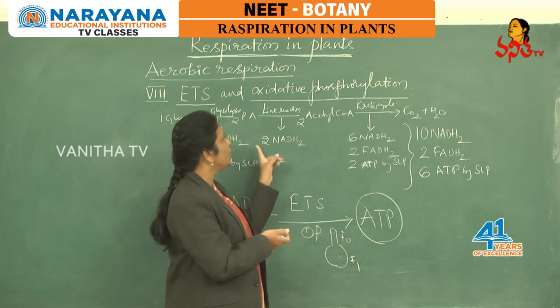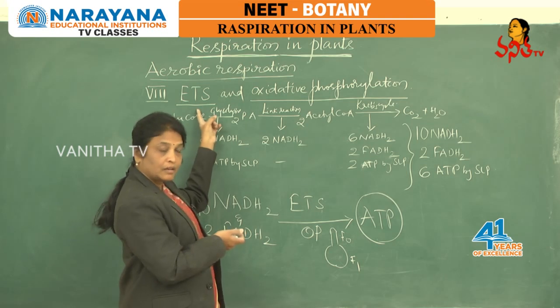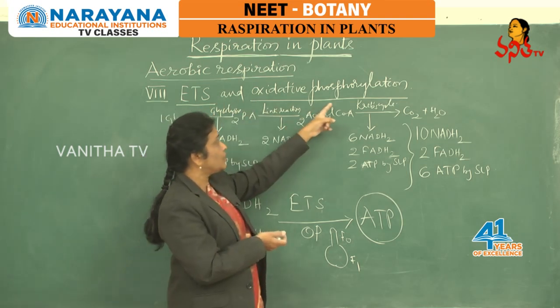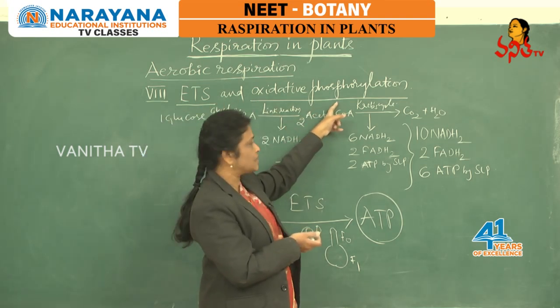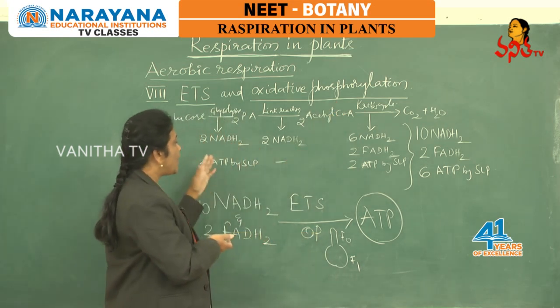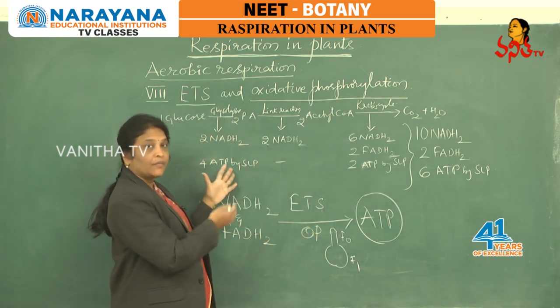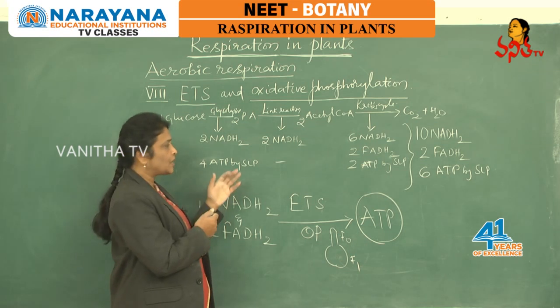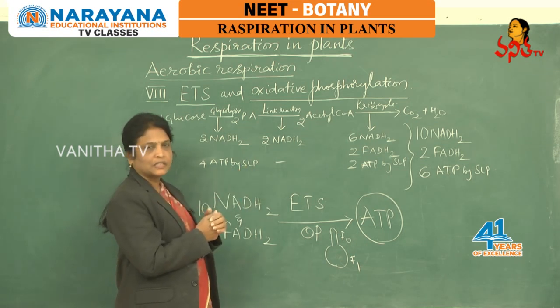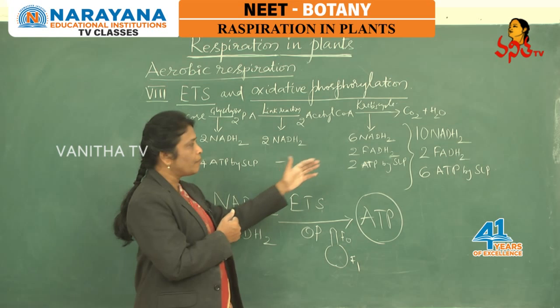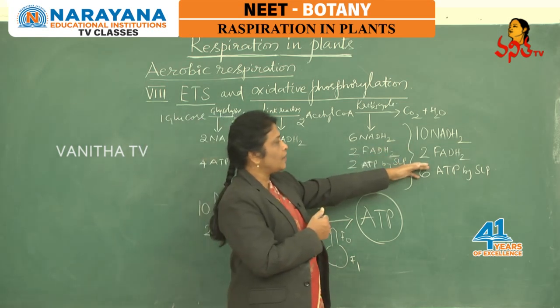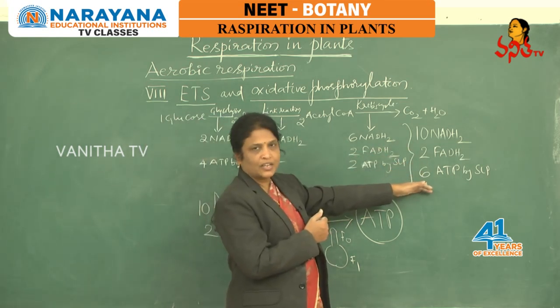But what is the significance of the fourth step, that is electron transport system and oxidative phosphorylation? Let us discuss. As we verified, the energy liberated in the various oxidation steps as well as in SLP reactions is packed in the form of NADH2, FADH2 and of course ATP.